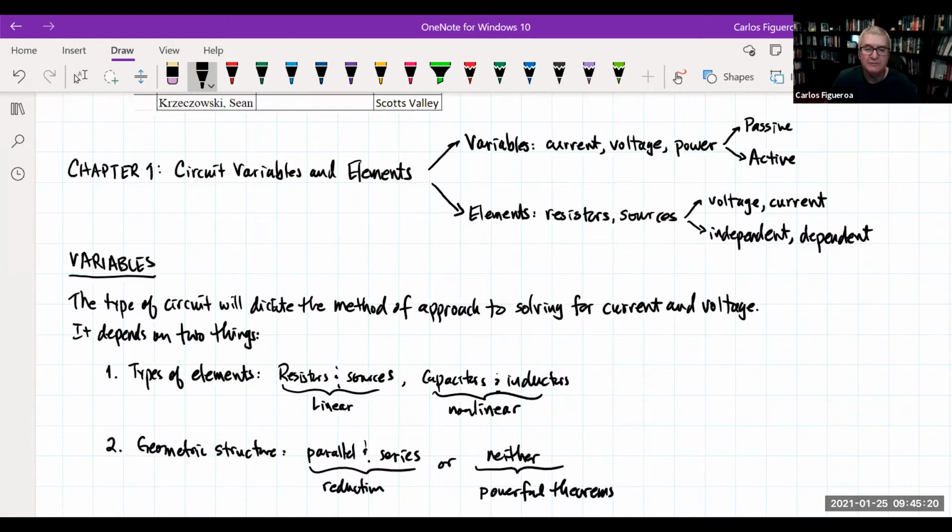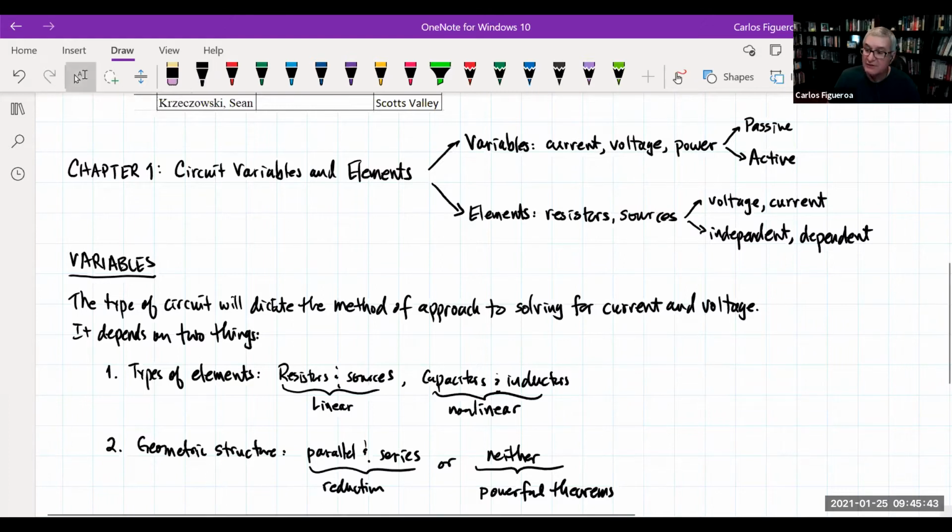But there are other theorems like node and mesh analysis, Thevenin's theorem, Norton's theorem. There are other techniques that we want to use here. So this is what I mean when I say the type of circuit will tell you how you're going to solve for these things.